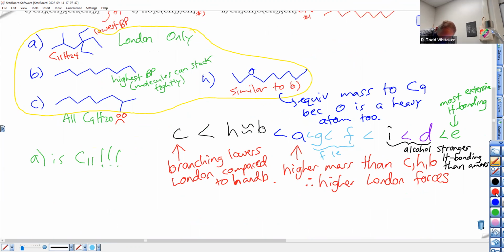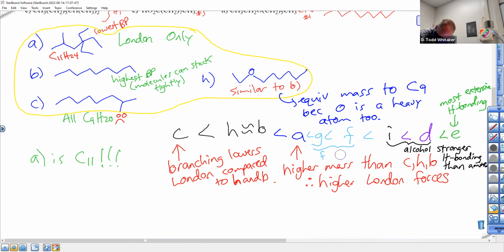I kind of combined yours with mine. You said F's less branched, and another way to say that, it's more linear, right? Which means stronger London. F more linear. Linear. Higher.